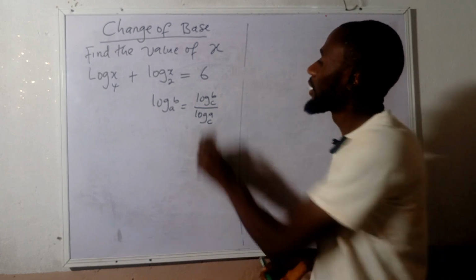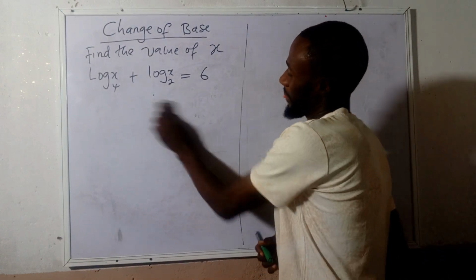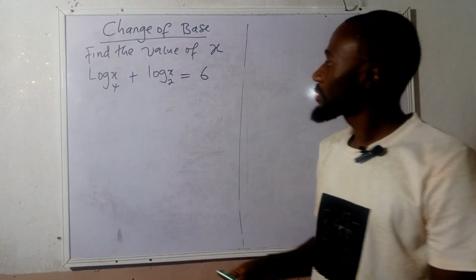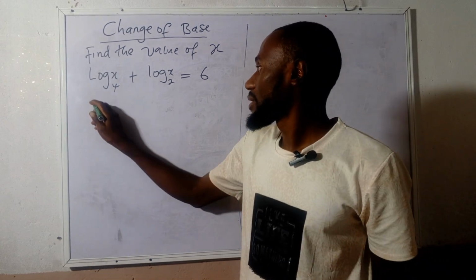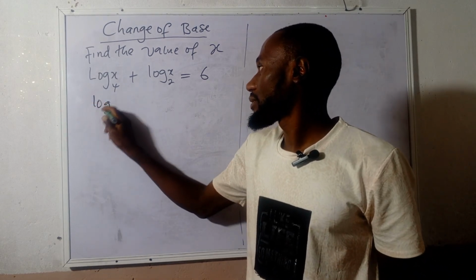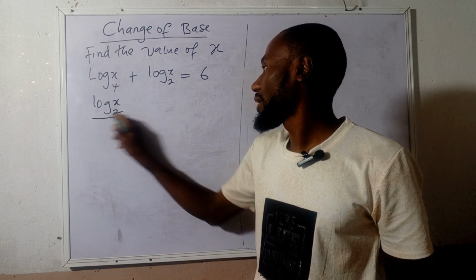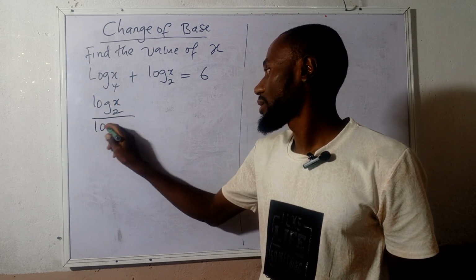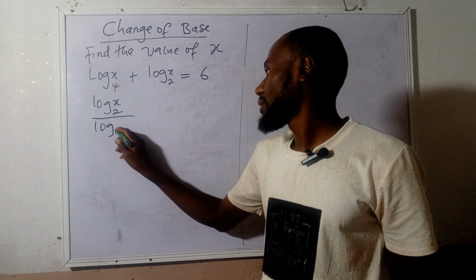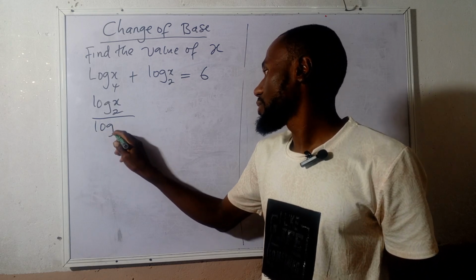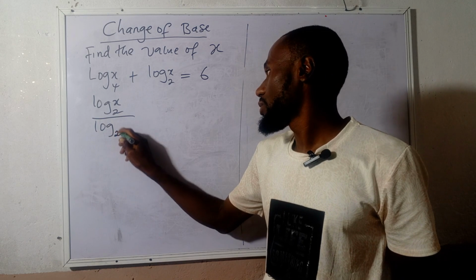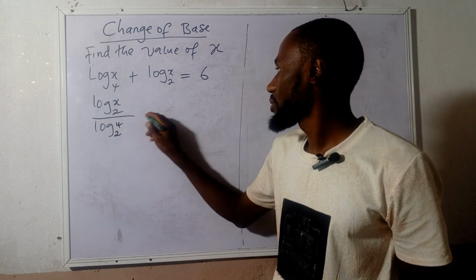Okay, then we are going to say here we have log 2 all over x is equals to log 4 2.